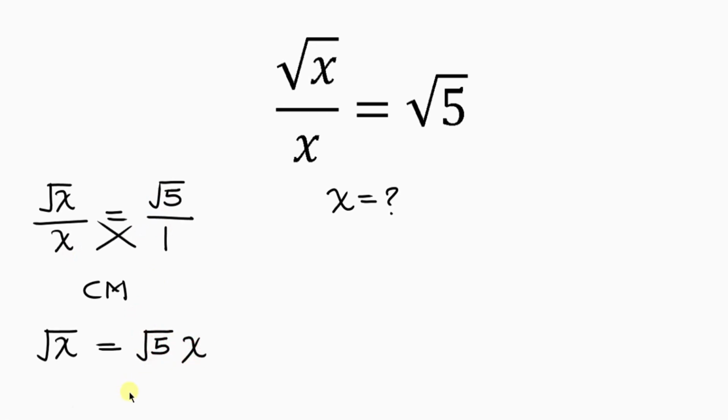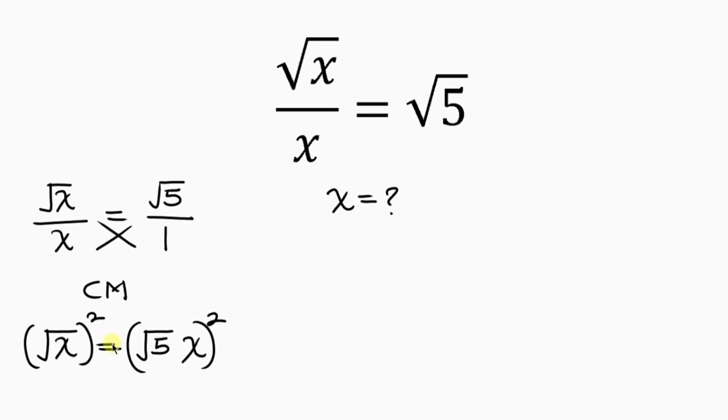Very good. Now our next step will be for us to get rid of the square root by taking the square of both sides. So I'll take the square of the left hand side. I'll also take the square of the right hand side.